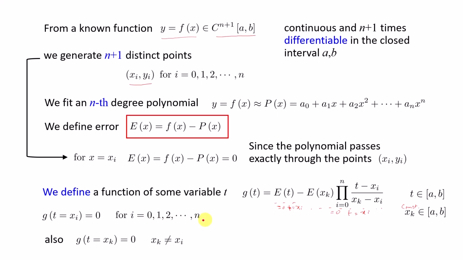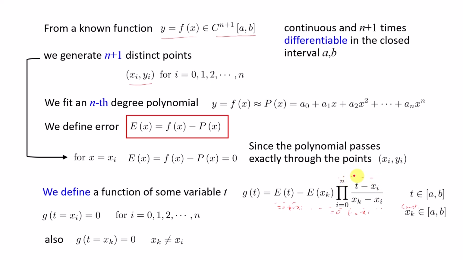Now over and above, suppose t equals xk, where xk is not equal to xi, a point within the interval ab. What happens if I put t equals xk here? Then each of these factors becomes (xk minus xi) divided by (xk minus xi), so each becomes 1.